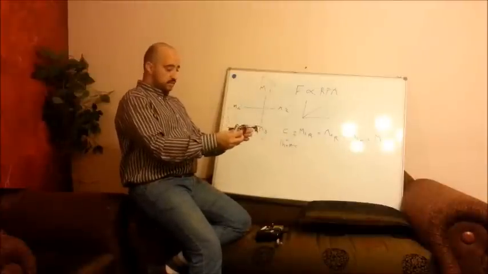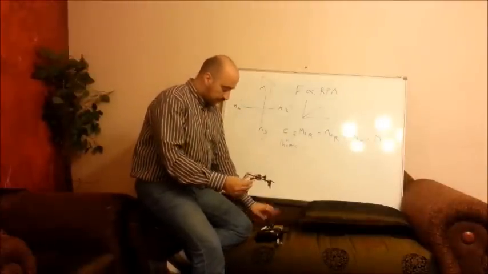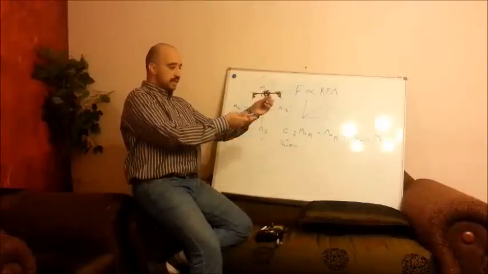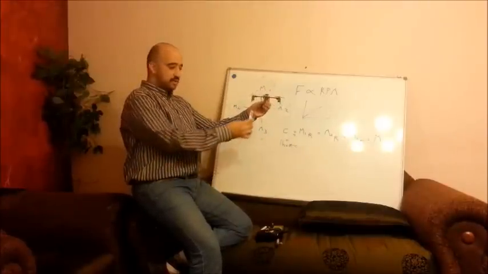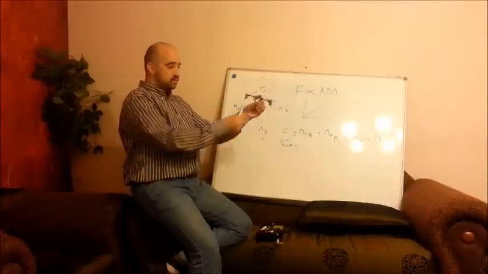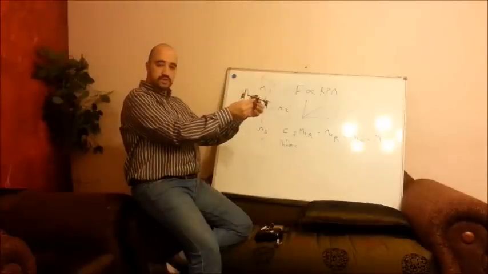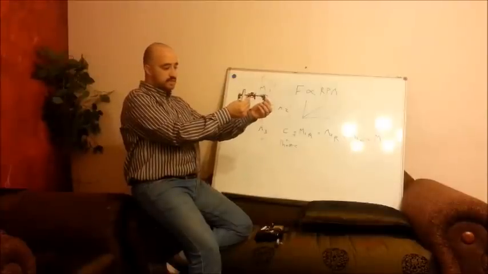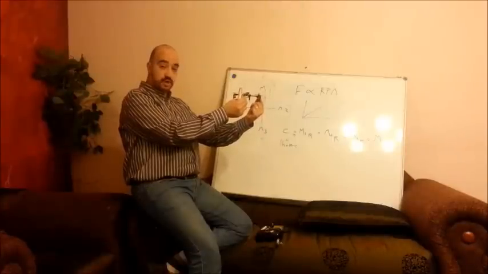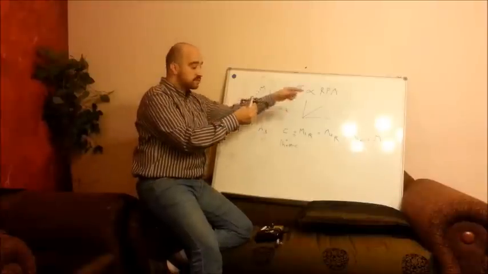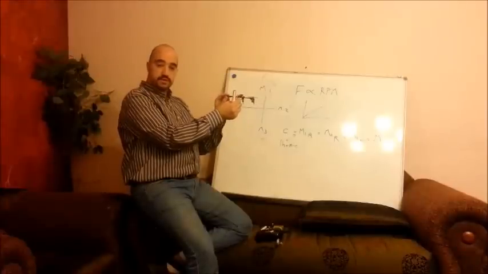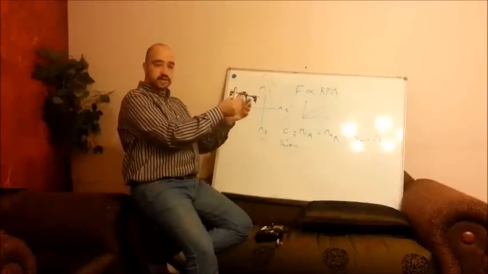So the first thing, let's consider that we gave it thrust and now it is flying like that, and there is an external effect that pushes it in this direction. What we need to do here is to increase the force generated by this motor by increasing the RPM, and decrease the force generated here by reducing the RPM.